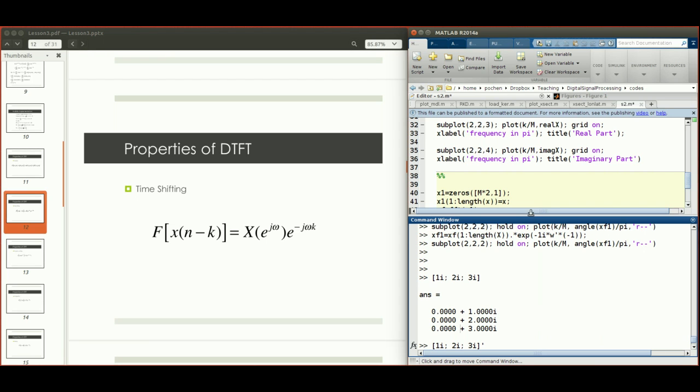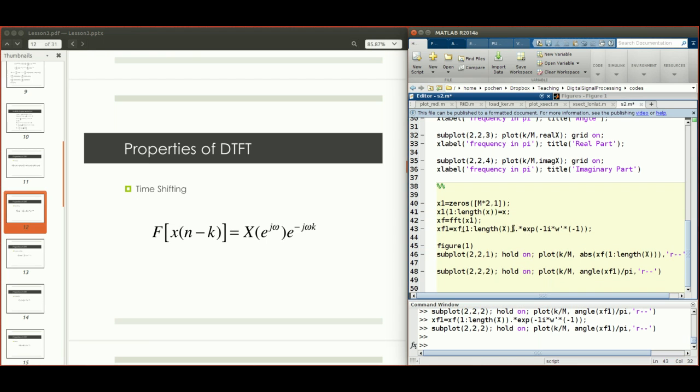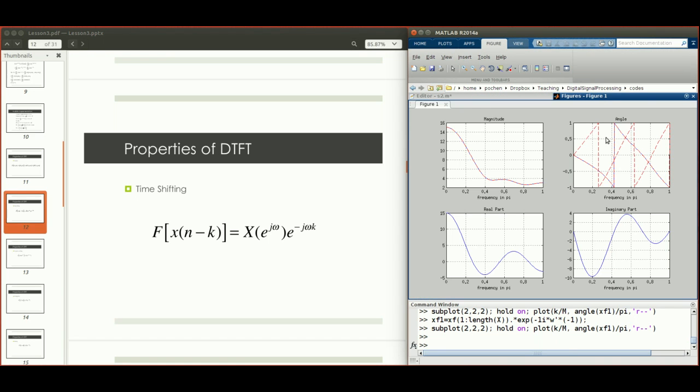So if I put the transpose here, then it's not just going to convert it into a row vector, it's also going to conjugate all the complex numbers inside of this vector, and then it's not going to give me the correct result. It's going to give me this dash line, right? It's not the same as.